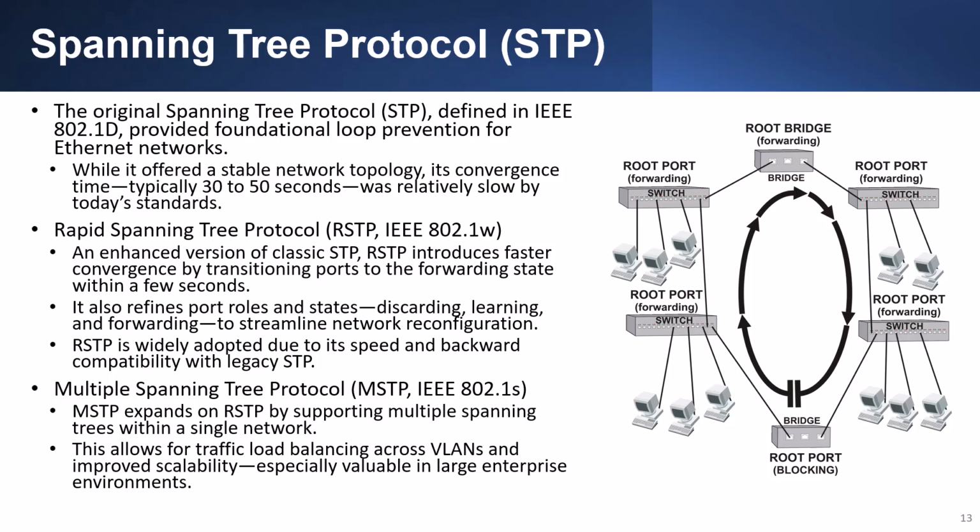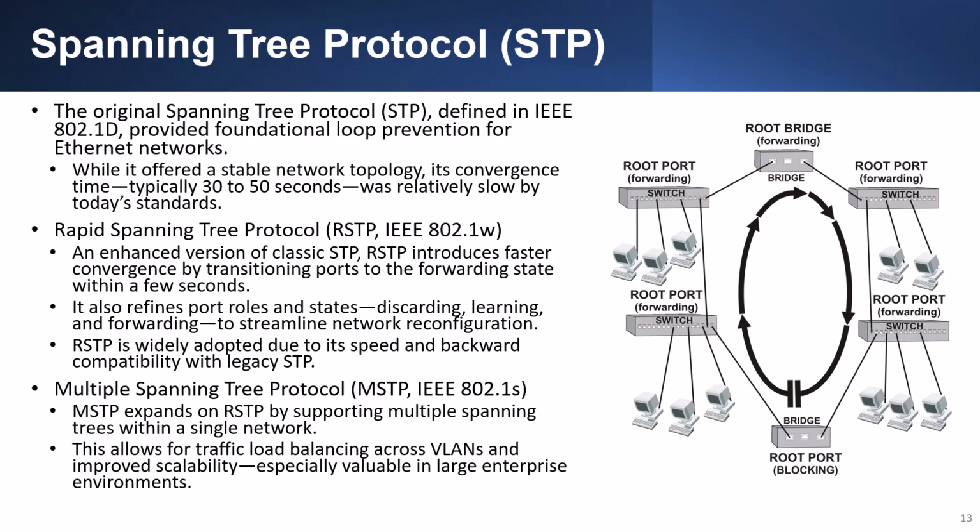RSTP introduces faster convergence by transitioning ports to the forwarding state within a few seconds. It also refines port roles and states, discarding, learning, and forwarding, to streamline network reconfiguration. RSTP is widely adopted due to its speed and backward compatibility with legacy STP.